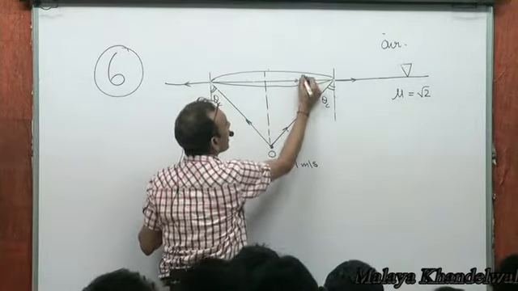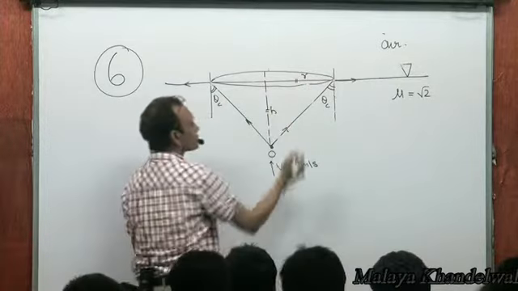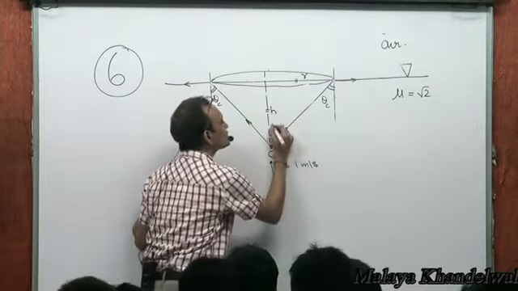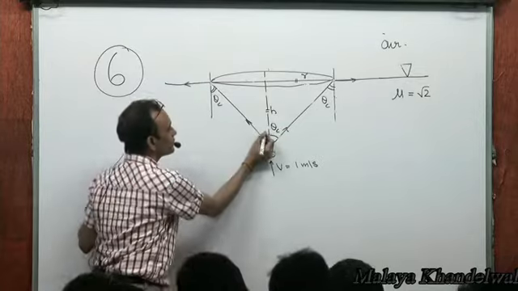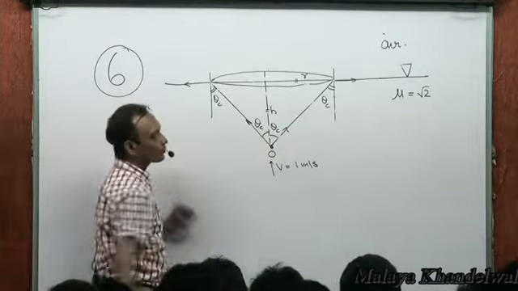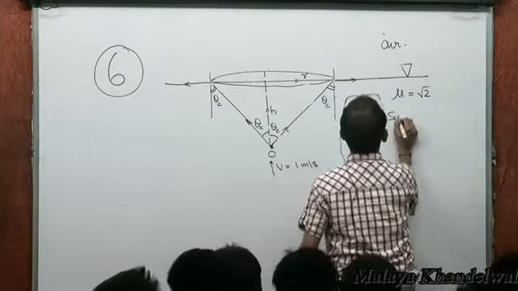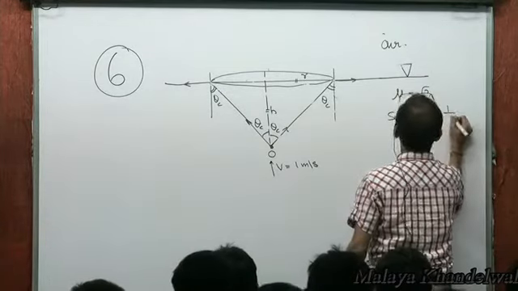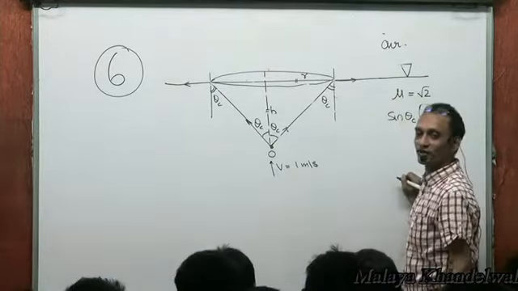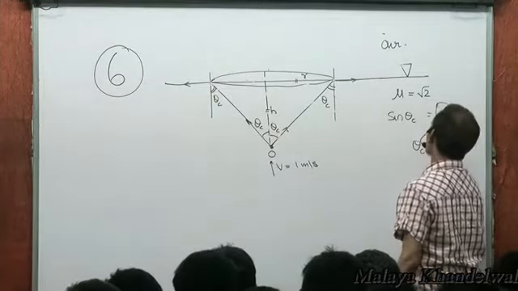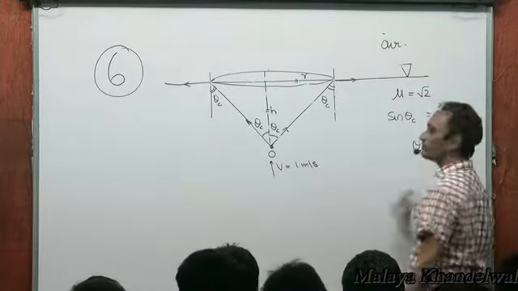So if this is R and this is H, and if this is theta C, obviously this will also be theta C, where sine theta C is 1 by root 2. Don't think of the formula at all. Okay, theta C is 45 degrees, right?